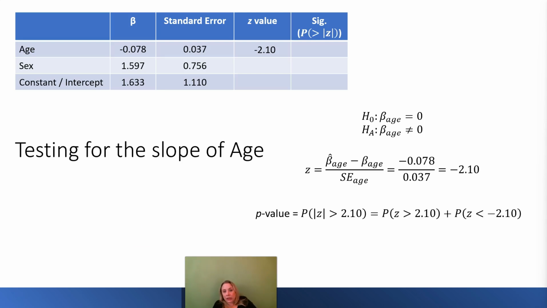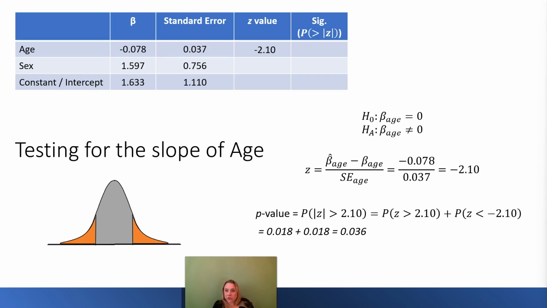When we look at the area underneath the normal curve that falls below negative 2.10 and above positive 2.10, we end up with values of 0.018 for both sections. And so our total area under the curve for this would be 0.036.